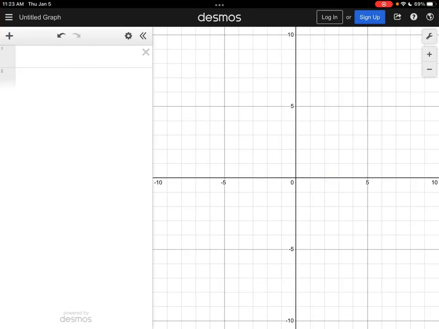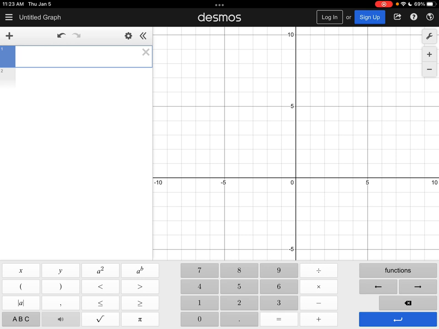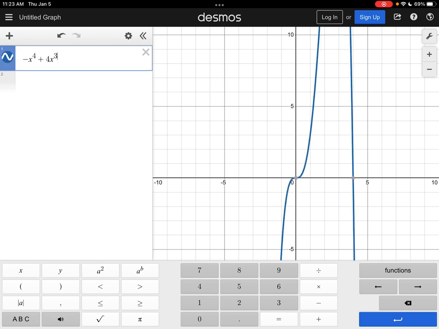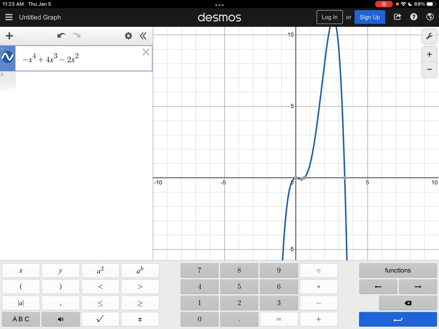just for speed. So I have negative x to the 4 plus 4x to the 3rd minus 2x squared minus 4x plus 3.